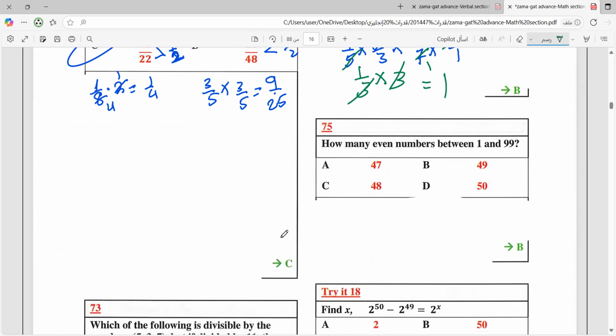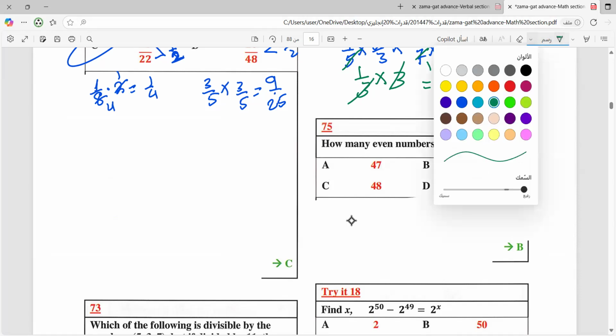Okay, now 75. How many even numbers between 1 and 99? Even and odd will be divided by 2. If I have 10 numbers, so even is 5 numbers, odd is 5 numbers.